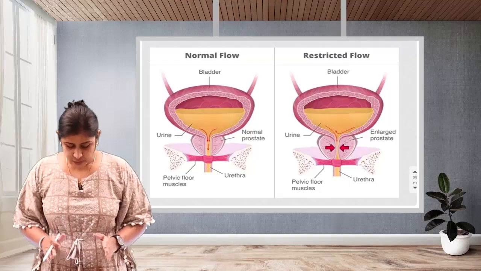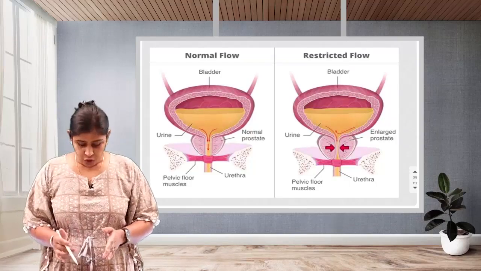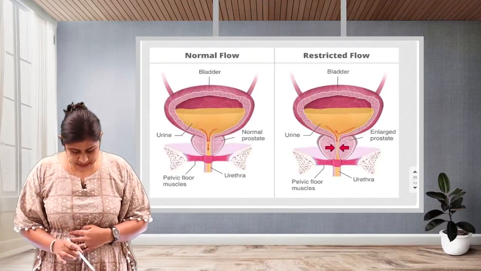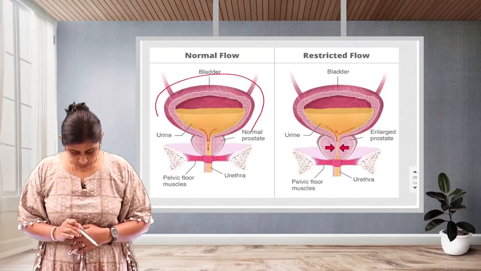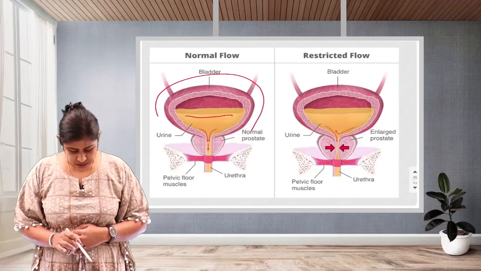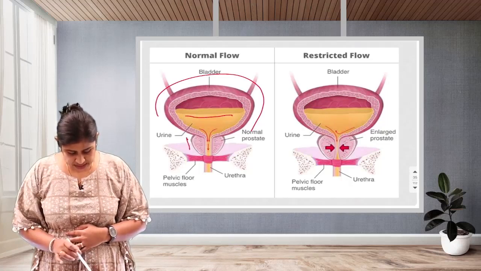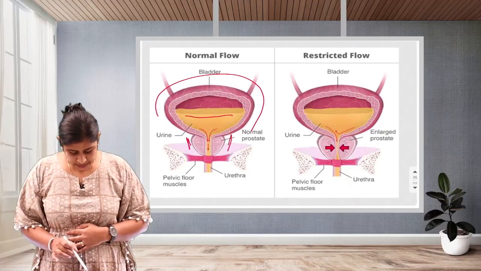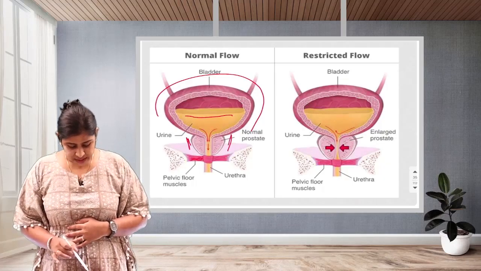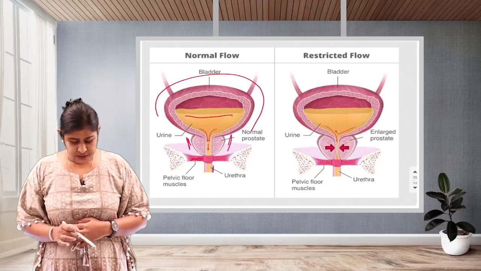So in this diagram you can see the normal flow and the restricted flow. You can see this is the bladder, in which this yellow color is the urine content, and this is the normal prostate, and this is the pelvic floor muscles. This red color is the pelvic floor muscles, and this lining is called the urethra.